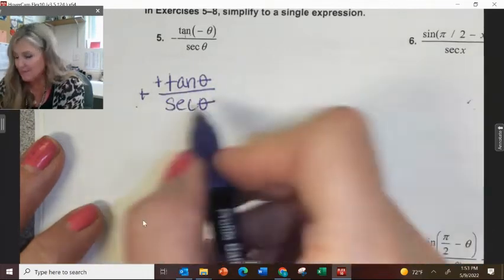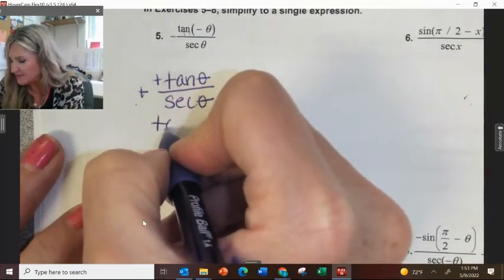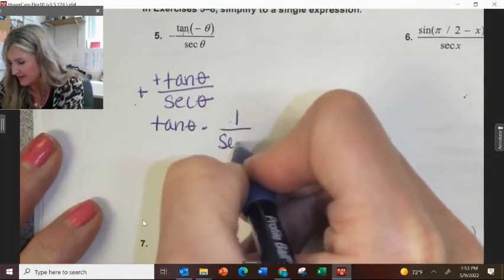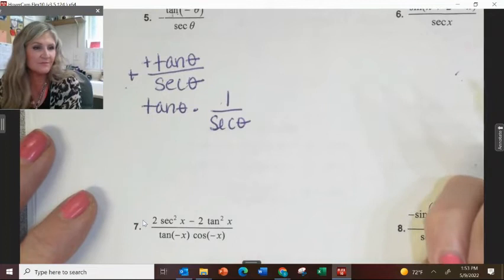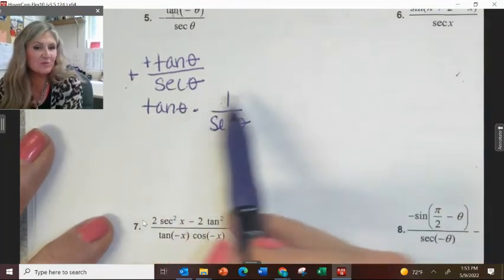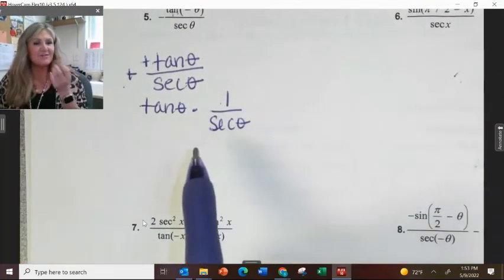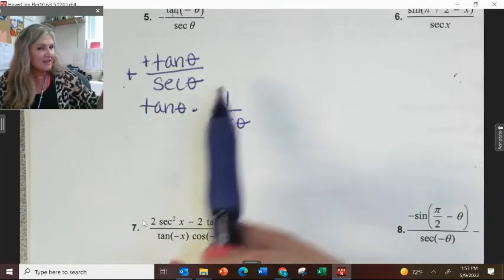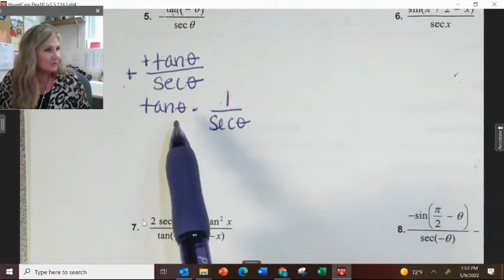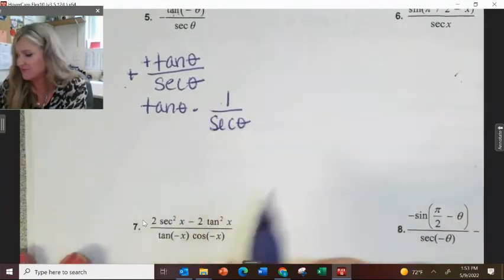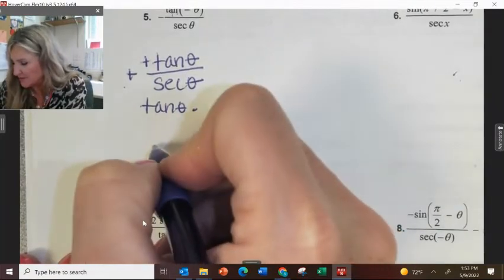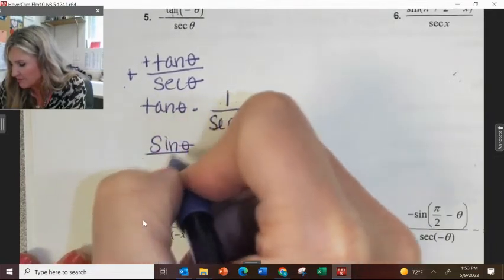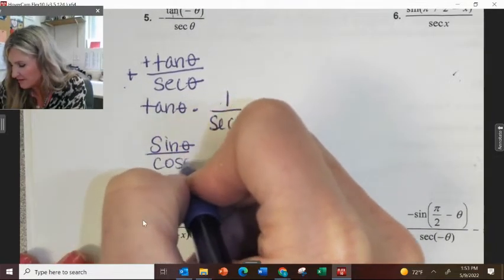Okay. Now's where we want to switch everything in terms of sine and cosine. So I'm going to split this up. I'm going to think of this as tangent theta times 1 over secant theta. Always split it apart. It kind of goes against what you would think to do, because we're trying to get this down to a single expression, but splitting it up is going to do that. What is another name for tangent? What over what in terms of sine and cosine? Sine over cosine.